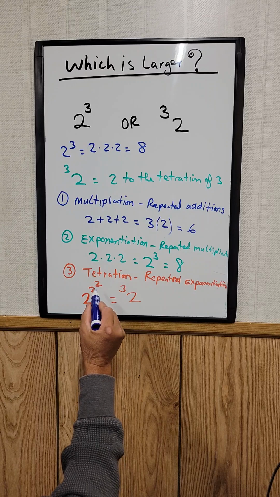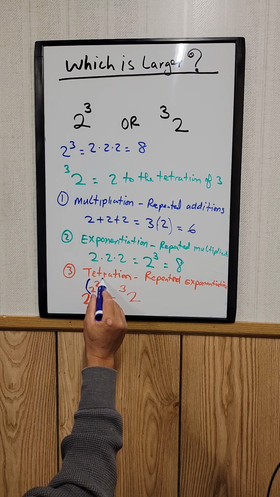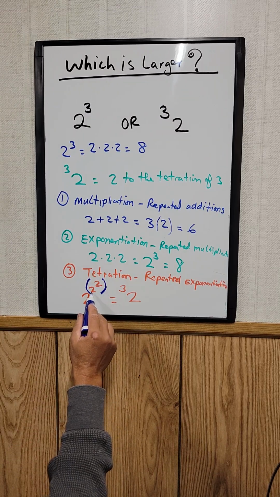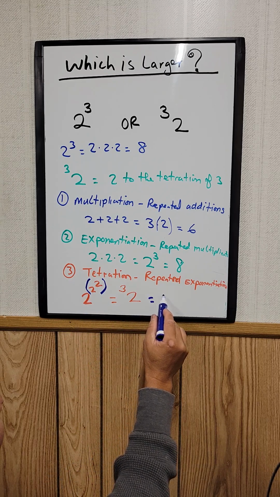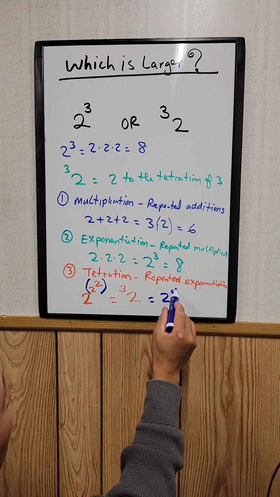First you have to do this part first. What is 2 to the 2? 2 raised to the 2 is 4. So that's just equal to 2 raised to the 4.